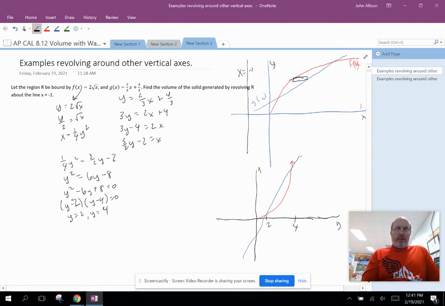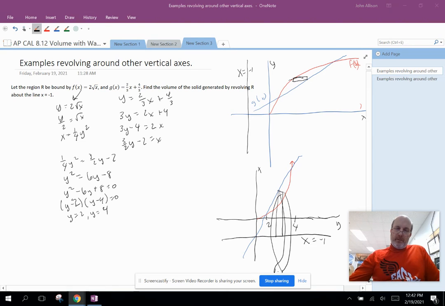And this time where x equals -1 is the line we're revolving around. So if I take one of the tall rectangles to generate the outside disk, remember, we revolve that around to generate the outside disk.